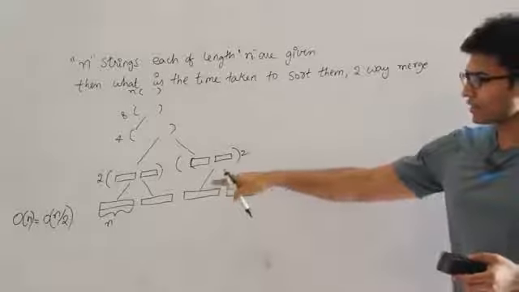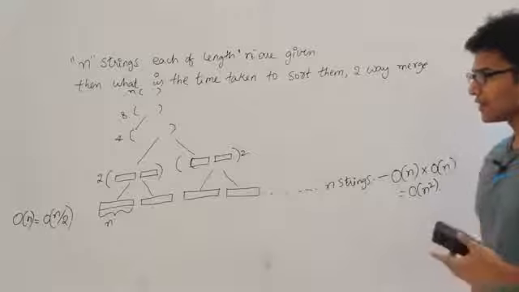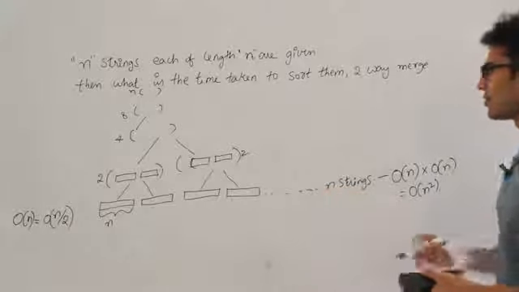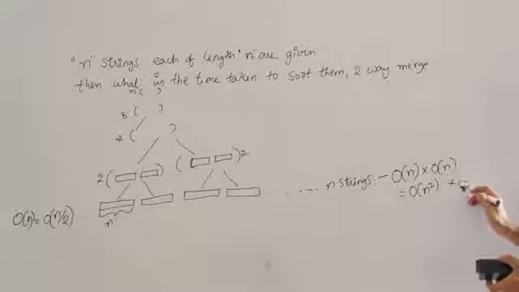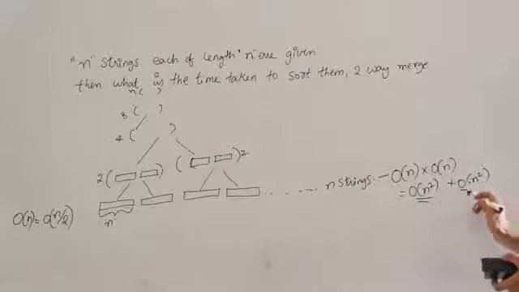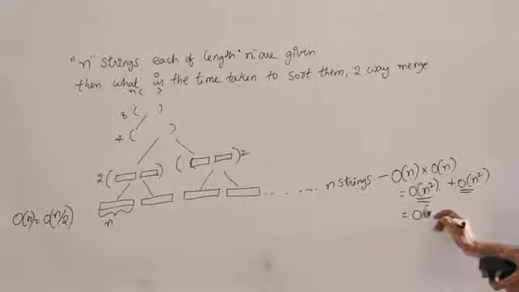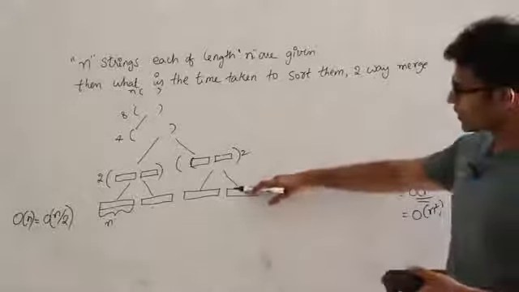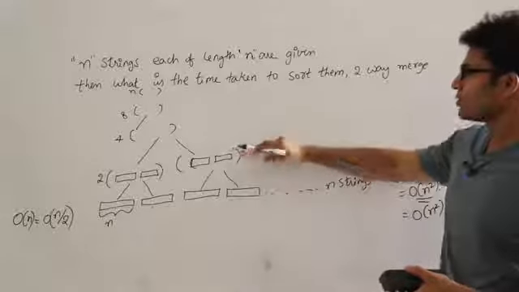Every string contains n characters and there are n such strings, so the total size is n square. Therefore, for copying, order of n square, and for comparing, order of n square. So the total time taken at one level is order of n square. After that work is done, they all will be copied to the next level.